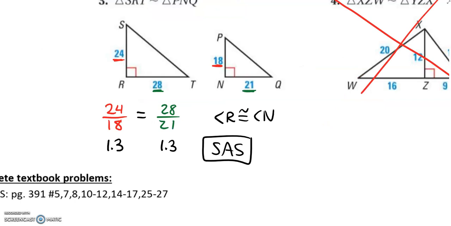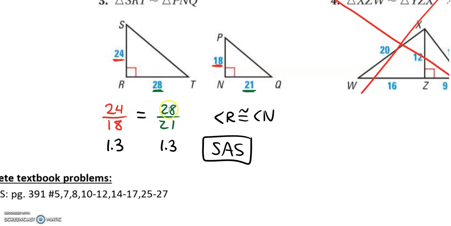Alrighty, so hopefully you've had a chance to test these out. Much like the last 2 examples, all I really want you to do here is take the 2 shorter sides, in this case 24 and 18, write them in a ratio for me. Take the 28 and the 21, write them in a ratio for me. And when I test them out, I get 1.3 and I get 1.3. Therefore, I can put an equal sign between these, and that shows that 2 pairs of sides are proportional.